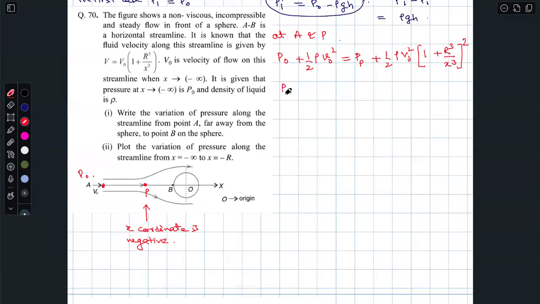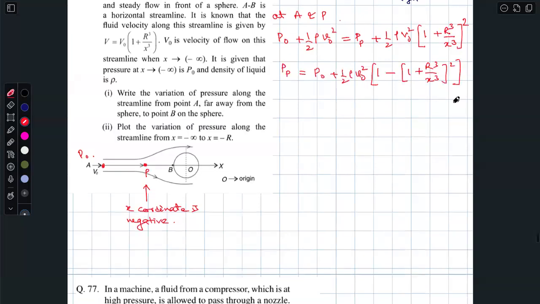Obviously, pressure at P is nothing but P naught plus half rho V naught square common, times 1 minus (1 plus R cube by X cube) whole square. That's what you asked me. And you want me to plot the graph.